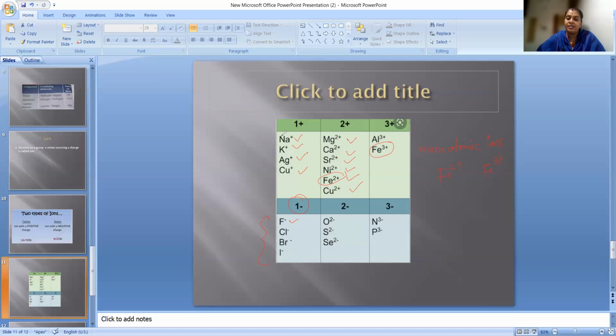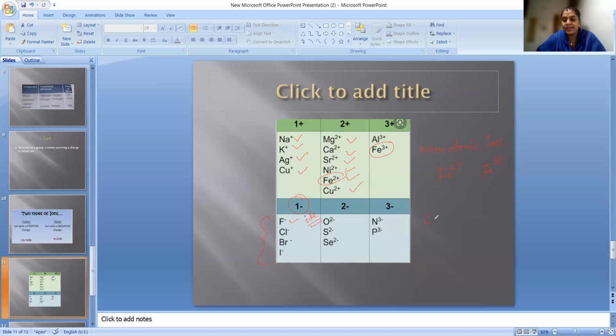Here there is also a difference in the name. If it is positively charged, there is no difference in the name. We can call it sodium ion, potassium ion, like that. But here there is a difference in the name. This is fluorine; if it has a negative charge, then it is called fluoride. The name will end with IDE.